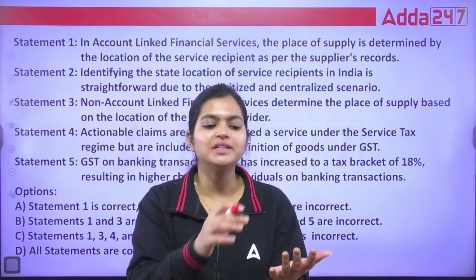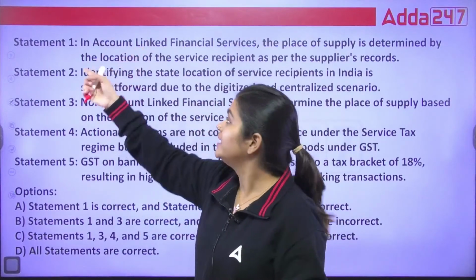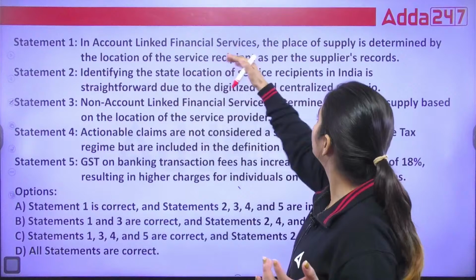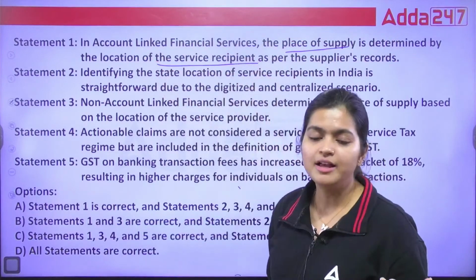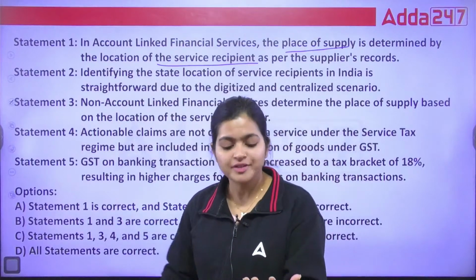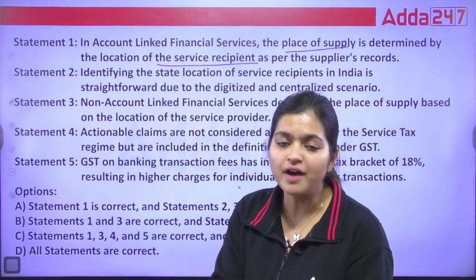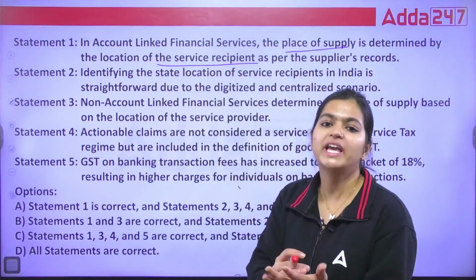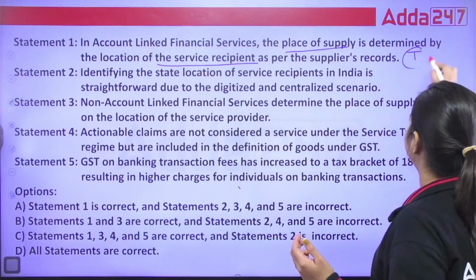So as per that, this first statement talks about account linked financial service, the place of supply is determined by the location of the service recipient, because in that form, the recipient is providing their location. So you can find out the location of supply easily. So the first statement is correct.